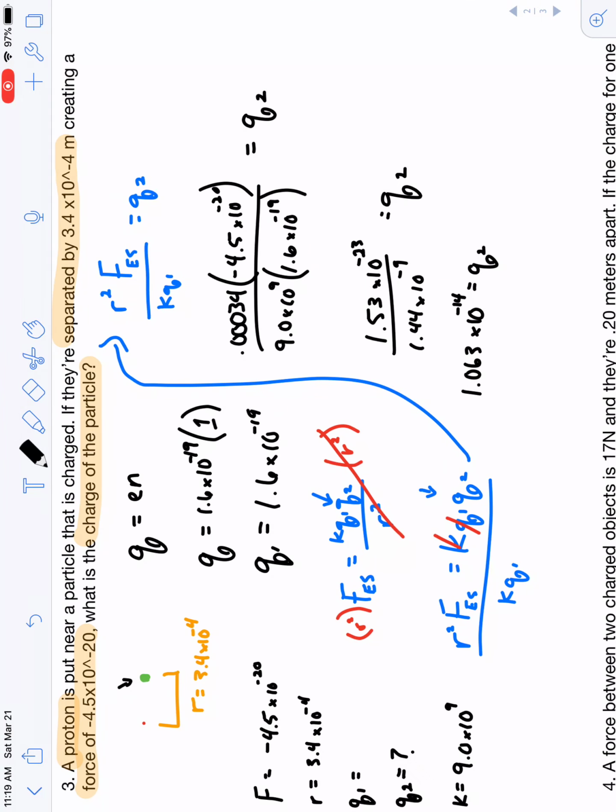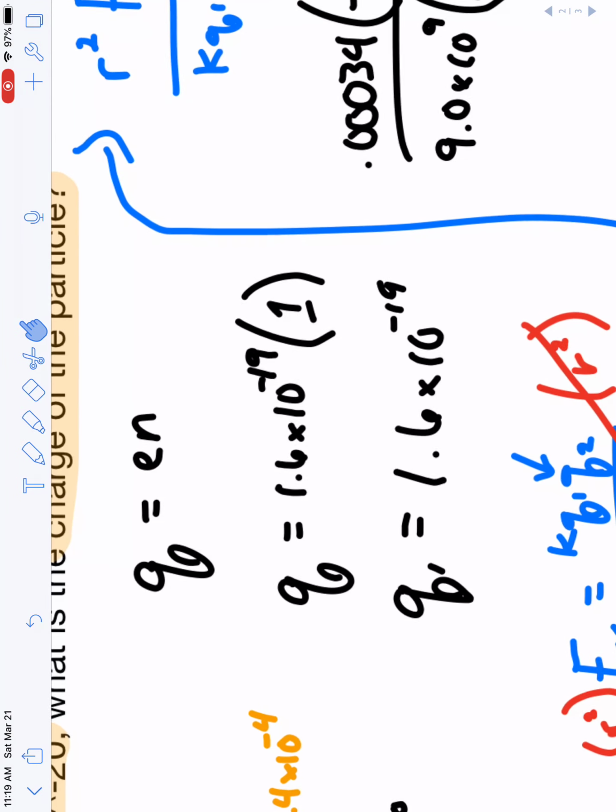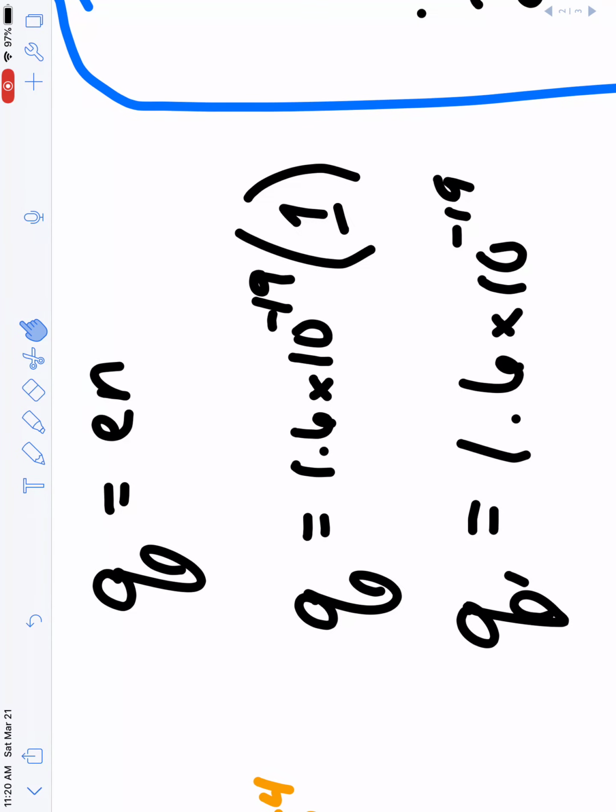Now, both levels should be able to do this. We have simply been given our information. In the blue, we are just arranging the equation in order to get Q2 by itself. Viking level kids, I understand I have not shown you this equation, Q equals En, and that's fine.